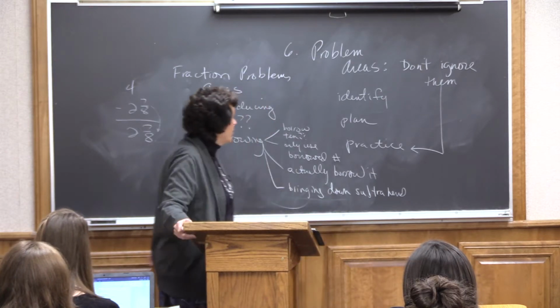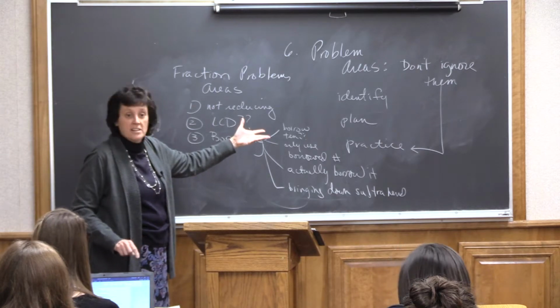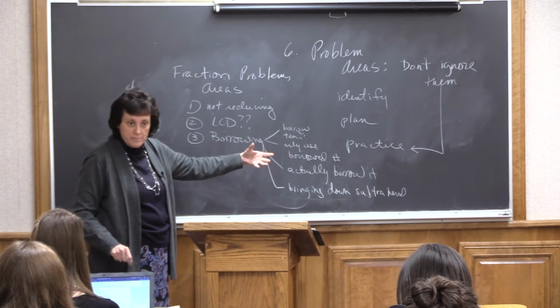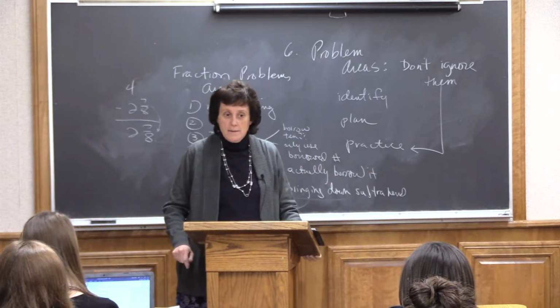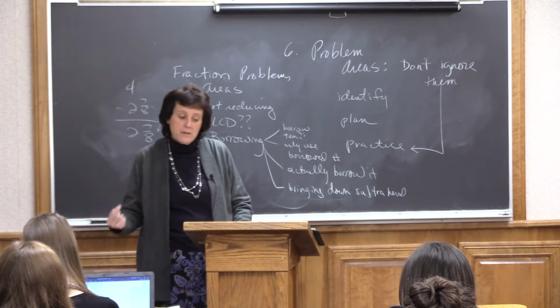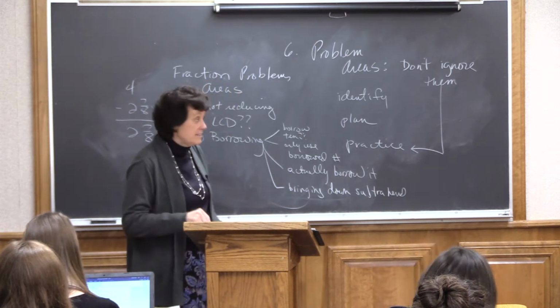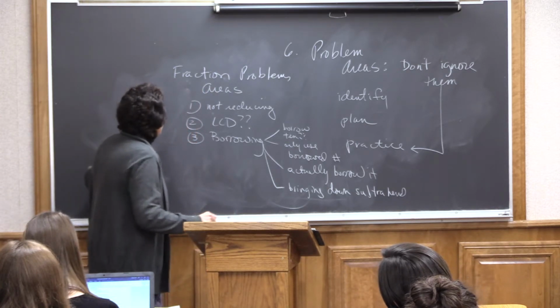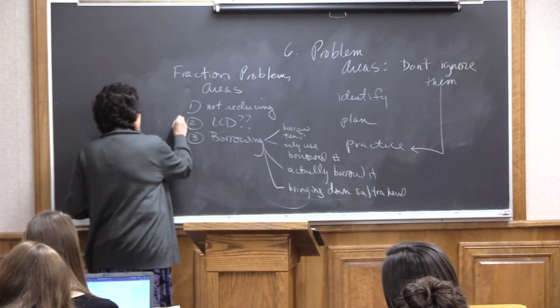So we are going to identify problem areas, plan teaching strategies to overcome them, and then practice them. We don't do it one time. We practice them all the time. Things that they're having trouble with, we keep coming back and trying to fix. We're going to fix it. All right, so borrowing is a big area. Of course, common denominator.